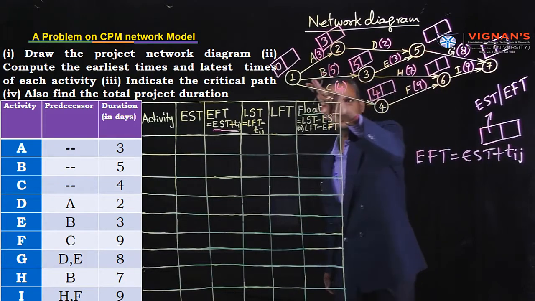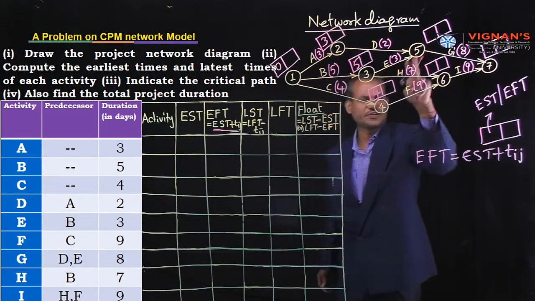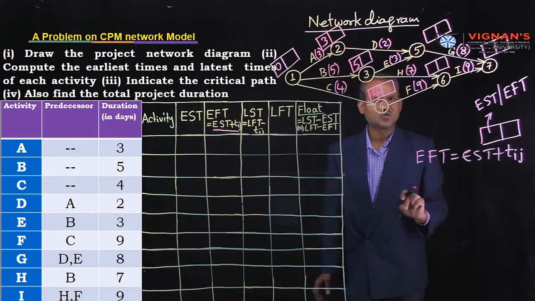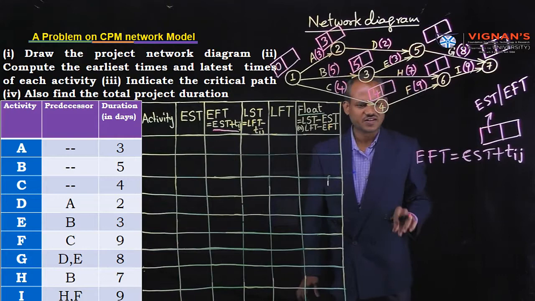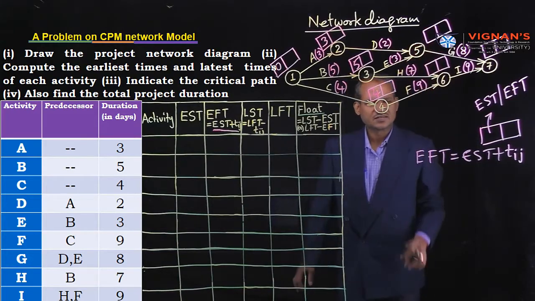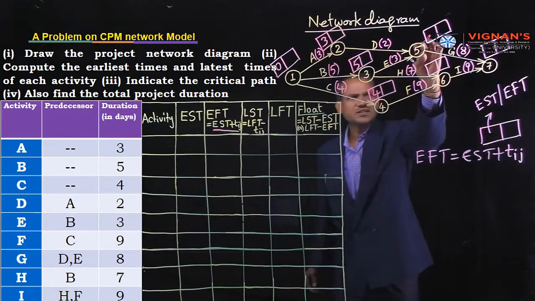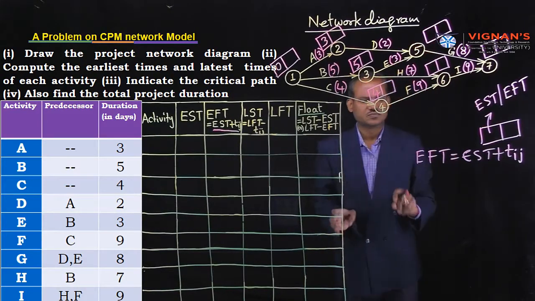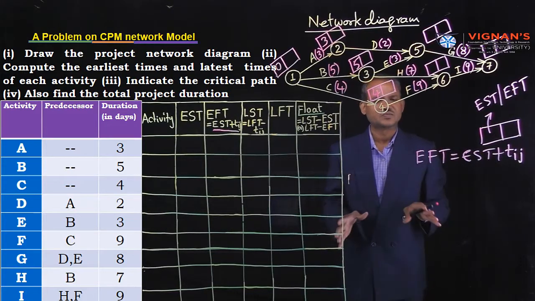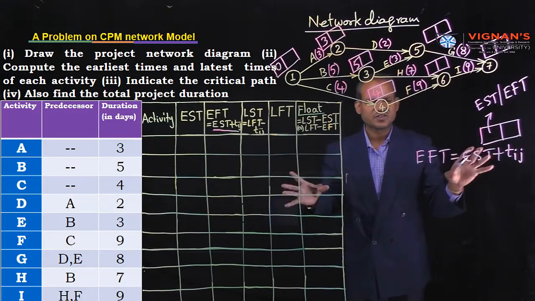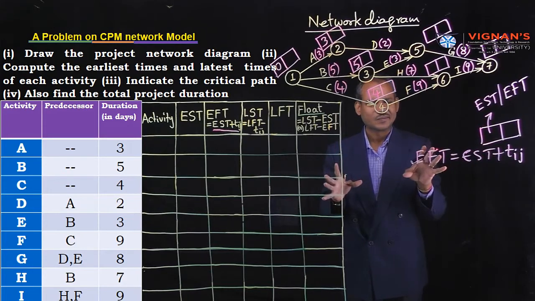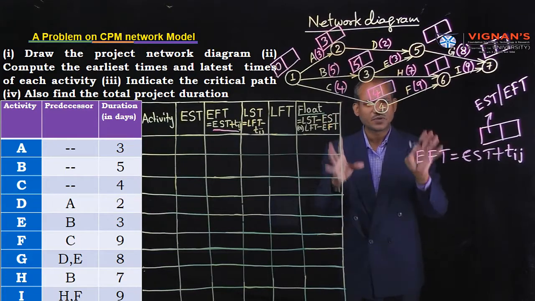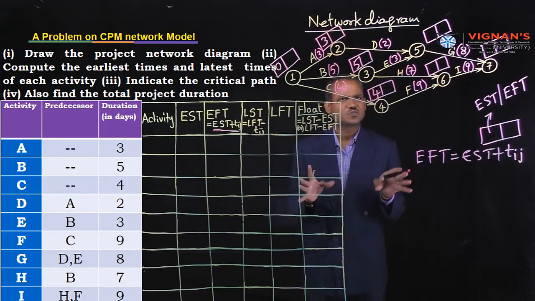The second route is 1, 3, 5. In this situation, be careful about junction events. During junction events, consider the maximum value. In forward pass recursion, always consider the maximum value at the junction nodes. This is an important point to remember.